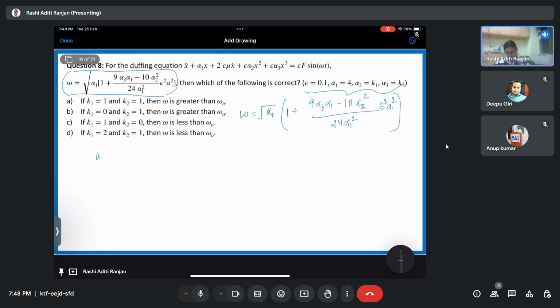So what we can do is for A, we can write omega as 2 into 1 plus 9 into alpha 3, which is nothing but K2, which is 1 over here, into alpha 1, which is 4, minus 10 into alpha 2 square, which is K1, 1, divided by 24 into alpha 1 square, 4 into 4. And this will be multiplied further with epsilon square.